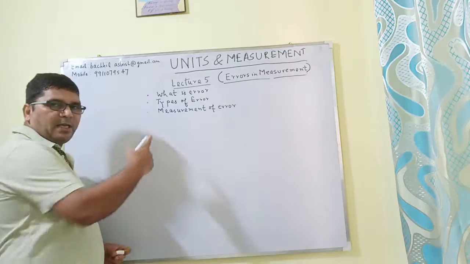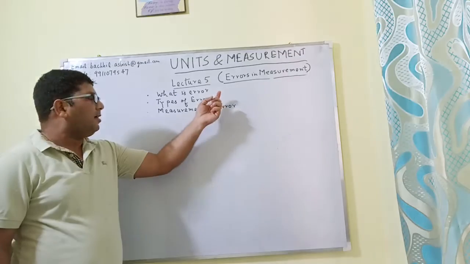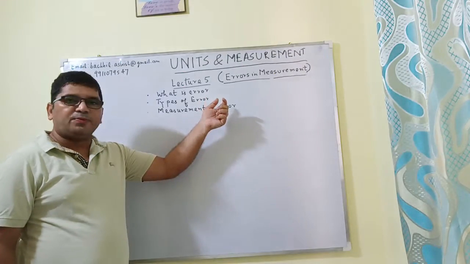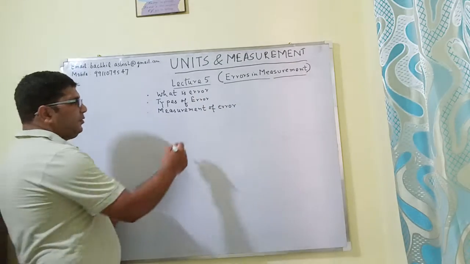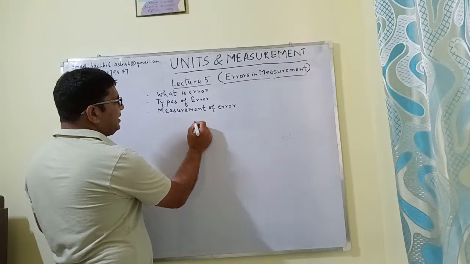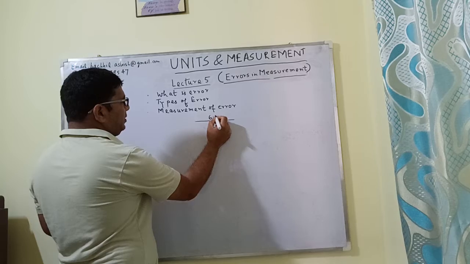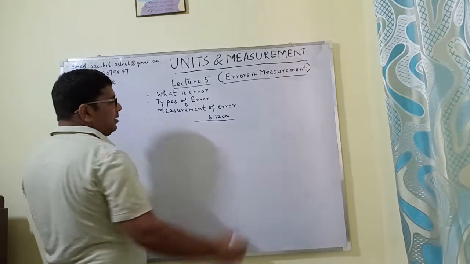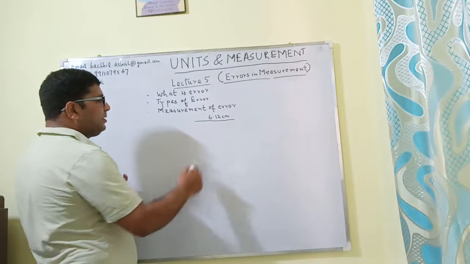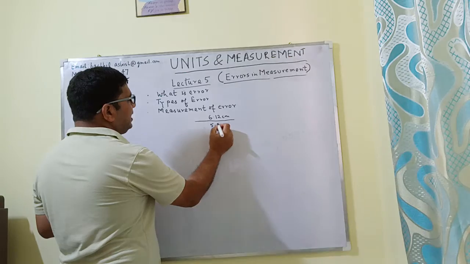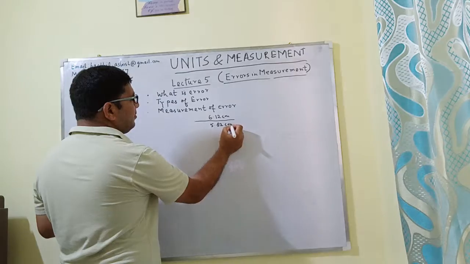Error, as we have already discussed in the previous lecture, is basically a deviation of the measured value from the true value of any physical quantity. For example, let us say there is an object whose length is 6.12 centimeter, and the length measured by a measuring instrument is, let's say, 5.82 centimeter.